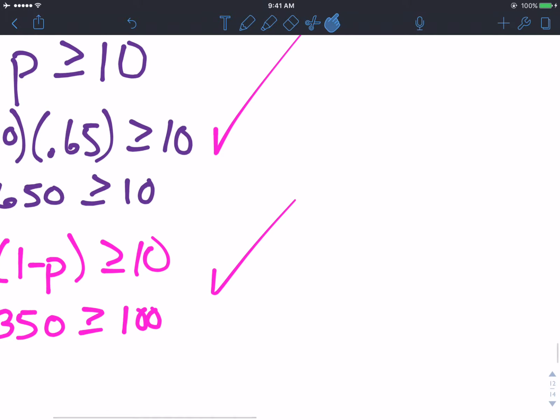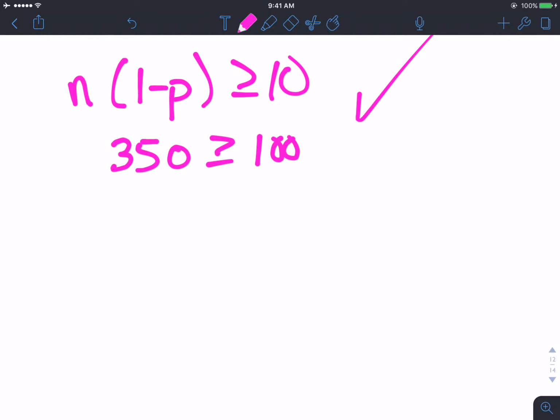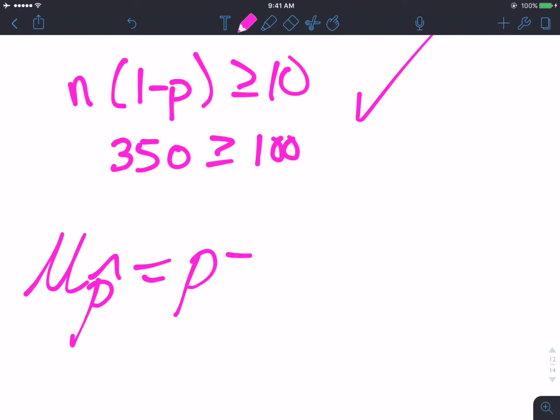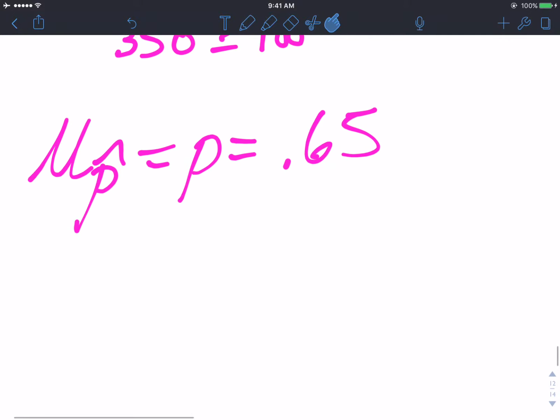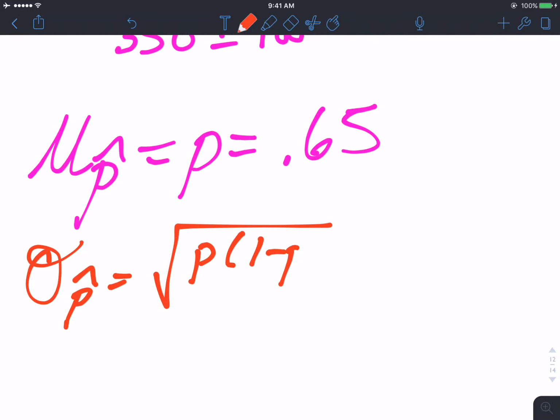Since it's normal, let's find our standard deviation. Because we already know our estimated mean is p, which is 0.65, the standard deviation is going to be the square root of p times (1 minus p), all over n.